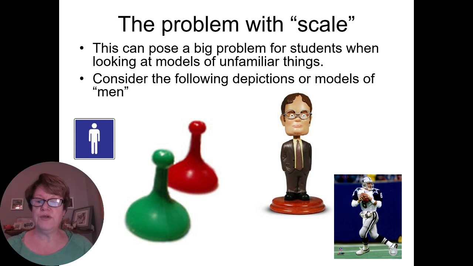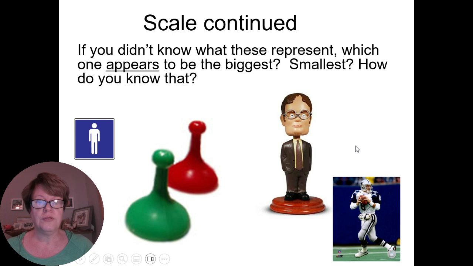And so when I show you images of things that you don't have experience with, it can cause a problem. And I want you to have some metacognition about what might be happening. So, for example, Dwight or the game pieces may appear to be the biggest, and this guy may appear to be the smallest, but in reality, Troy Aikman is the tallest.